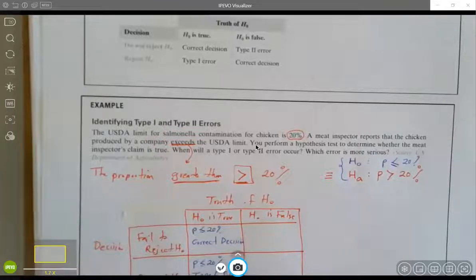In this error, you have a chicken, and the level of contamination is less than or equal to 20%, but you reject the chicken. So you made a mistake. You have a healthy chicken, but we reject it.